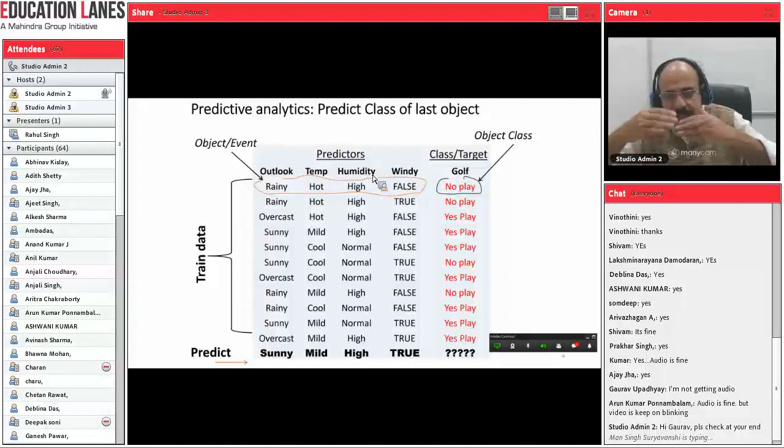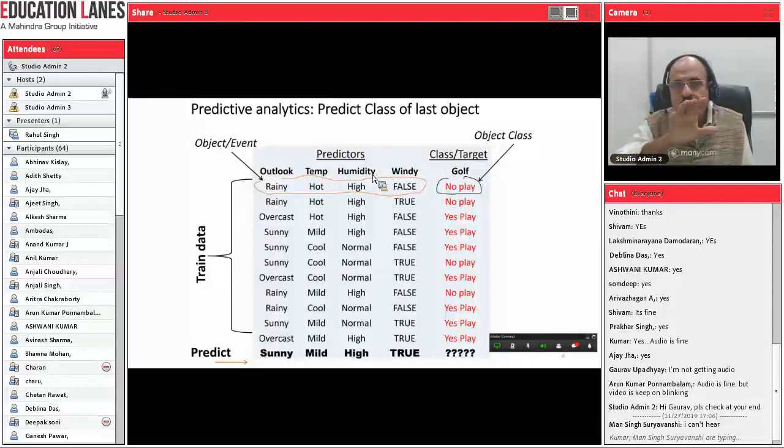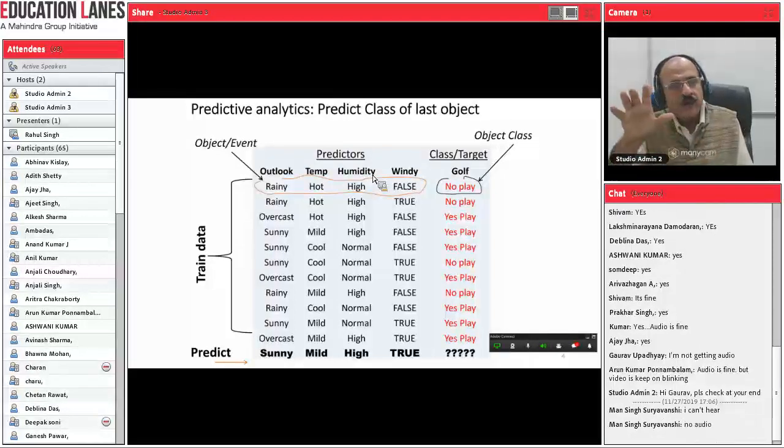So when it finds the patterns, it will tell me that given this pattern, there is an 80% chance golf would be played, and there is a 20% chance that golf would not be played. So it gives me a probabilistic estimate.